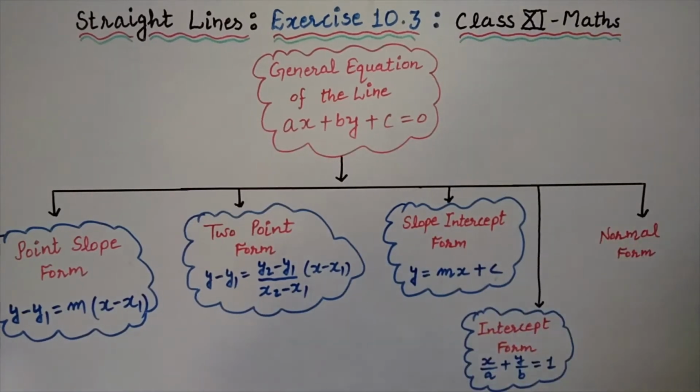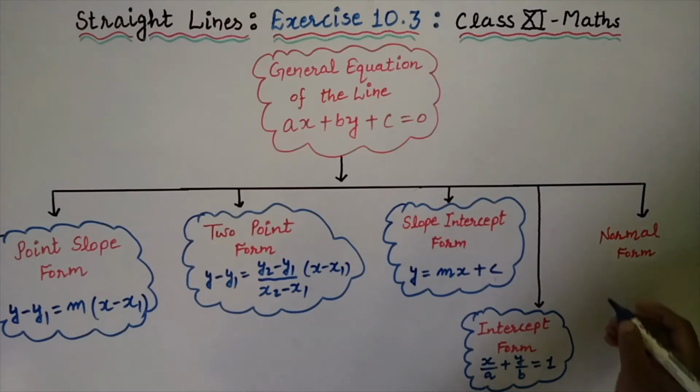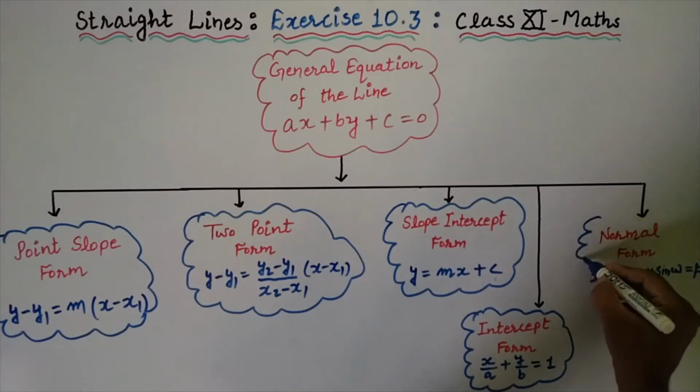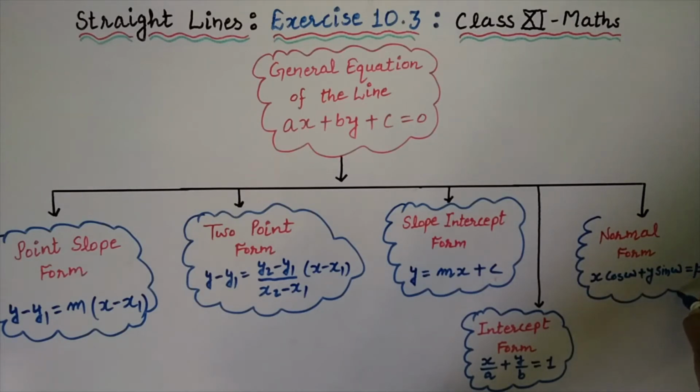Right? Next one is normal form. This is written like this: x into cos omega plus y into sin omega is equal to p. P is the perpendicular distance drawn from the origin to the line.